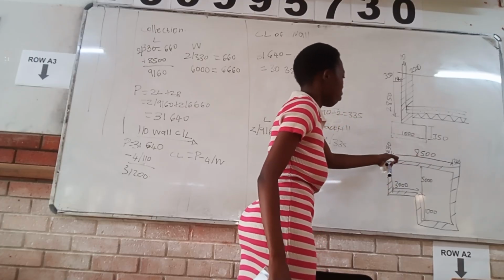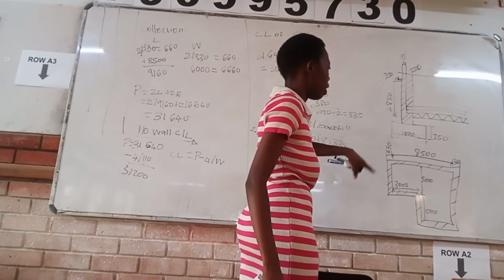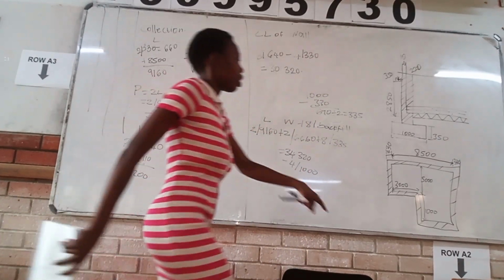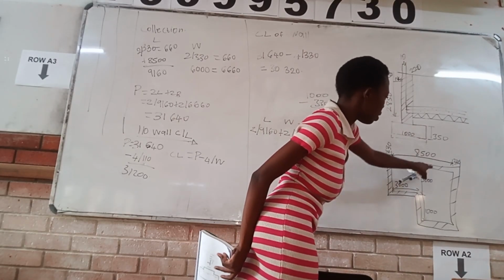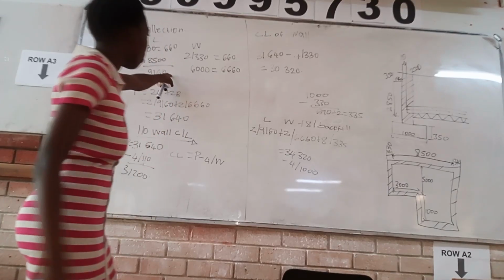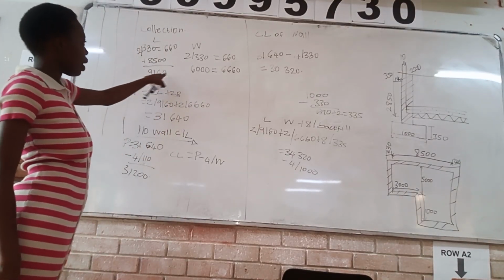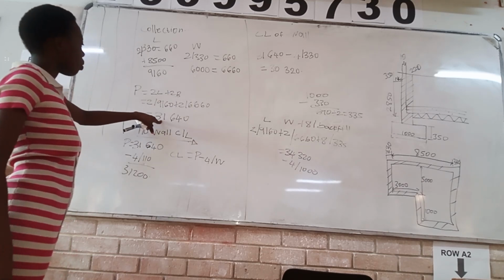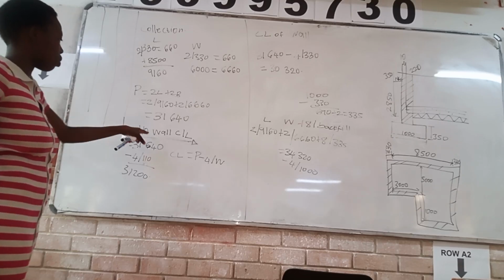If this 8,500 was covering the walls, there wouldn't be any, we added 38 again. So the width is 5,000 plus 1,000, which makes it 6,000, and then plus 30 plus 30. There is our length and width. The perimeter is 2L plus 2B. We substitute the length, we substitute the width. We get 31,640.